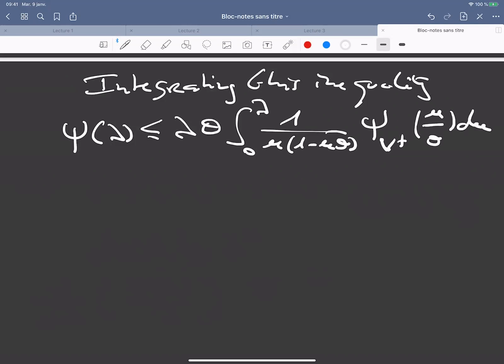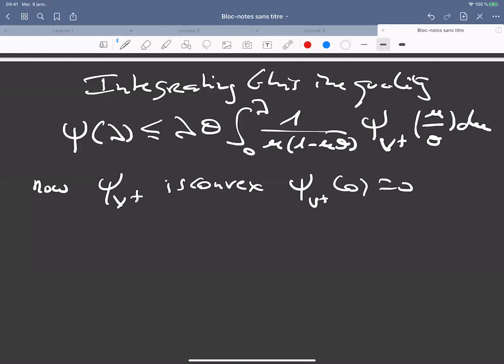And now it remains to use the fact that psi v plus is convex, and is equal to 0 at 0.